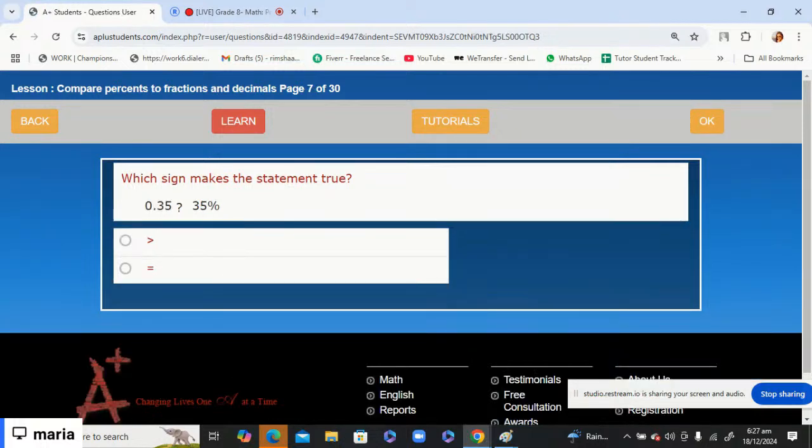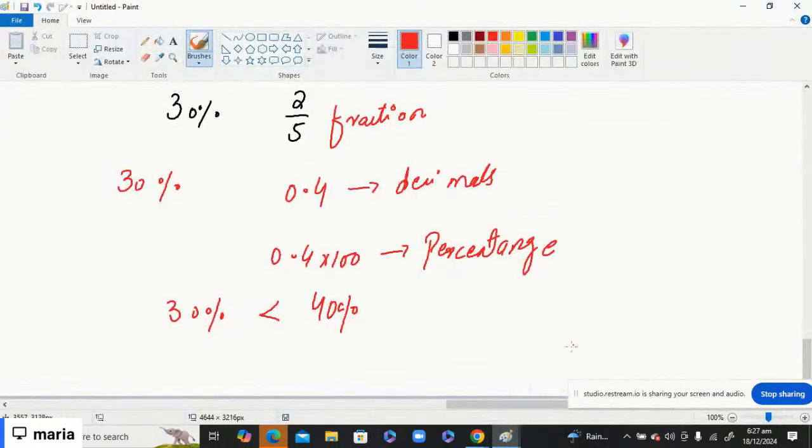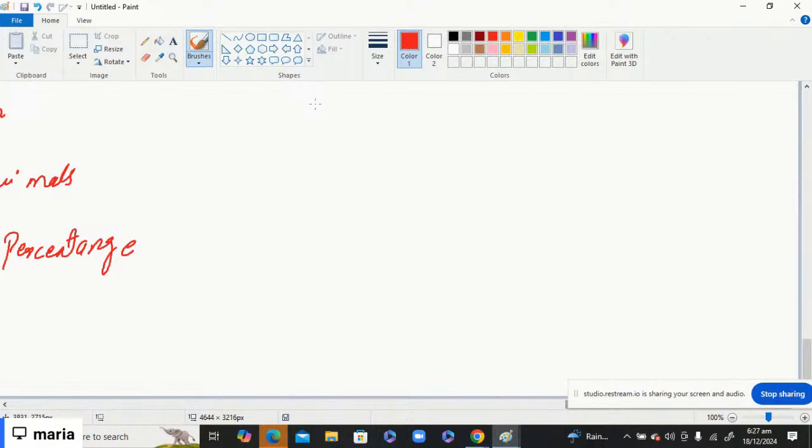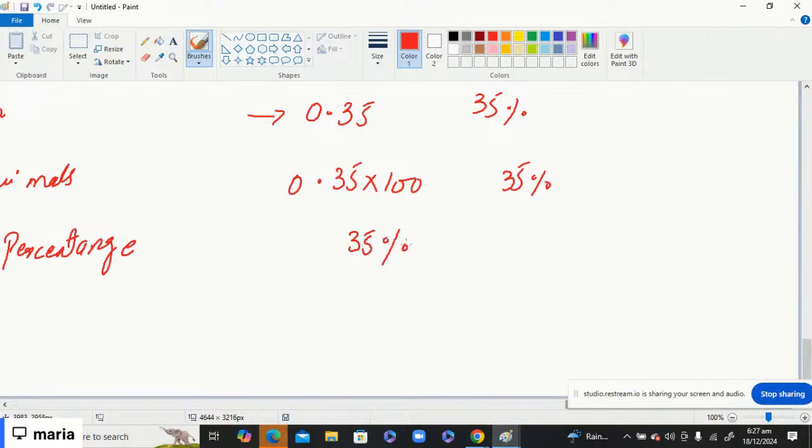Now, which sign makes the statement true? 0.35 or 35%? Look here now. It's 0.35 and then 35%. This is decimal. How to convert decimal to percentage? By multiplying with 100. And after multiplying with 100, you get the answer 35 percent.